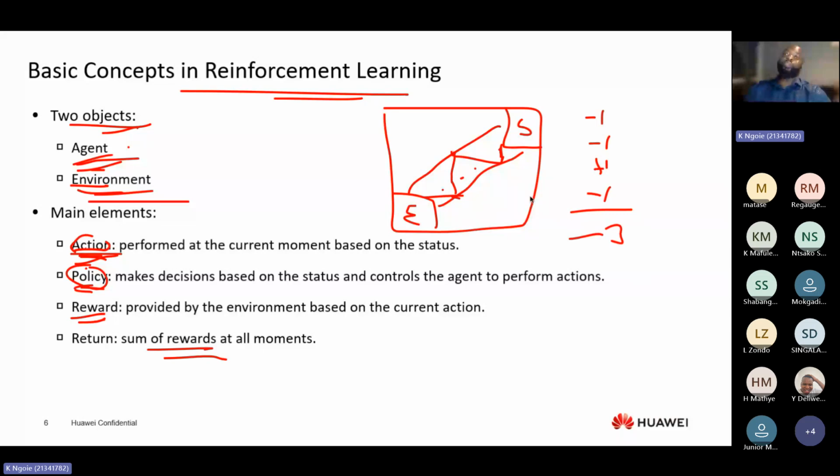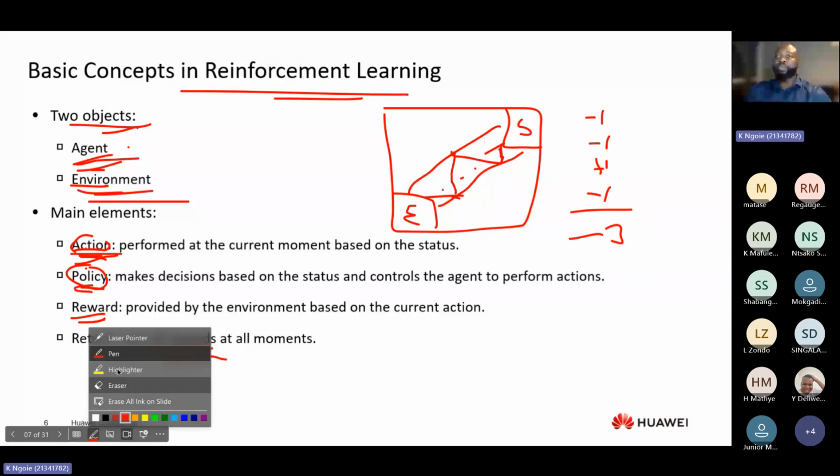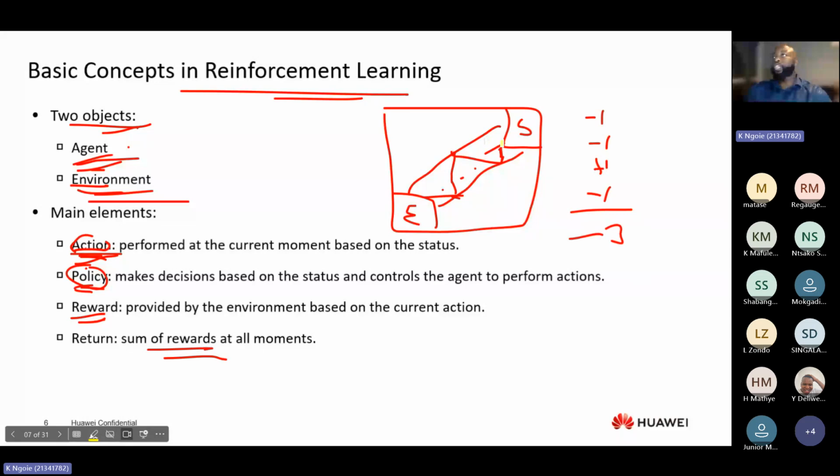So if you say you need to train it 1,000 times, it's going to do it 1,000 times. So the second time, when it goes here instead of going up there, let me just change the color so you see that. The first action it's going to take, it goes straight, and then it's going to get 1 point.